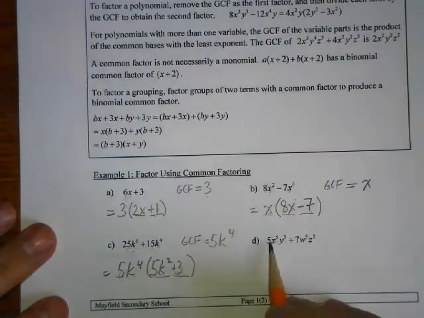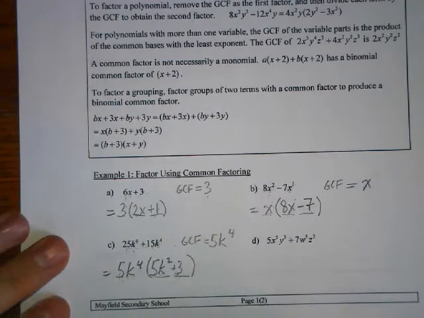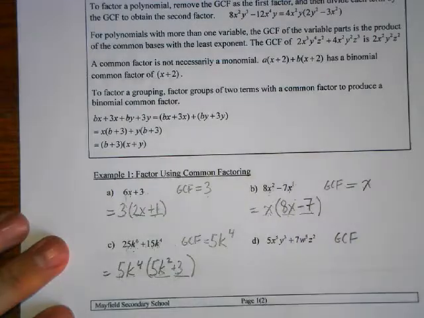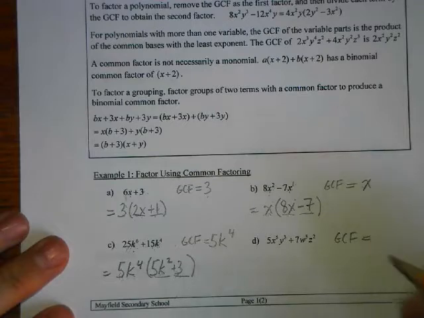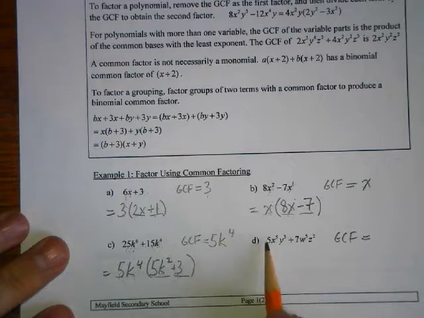Now we have something here that's interesting. We've actually got multiple variables. So if we try to create a greatest common factor, first of all, we look at the number parts. So a 5 and a 7. Is there any number that can divide evenly into both of those? No, there's not, except for 1, but 1 doesn't count.